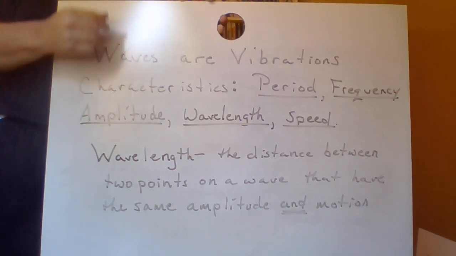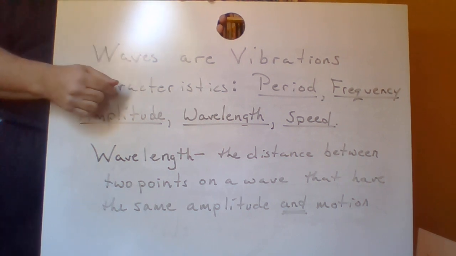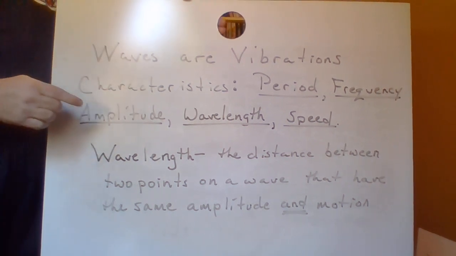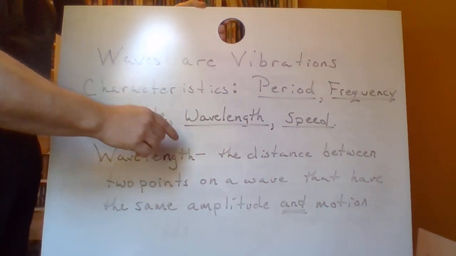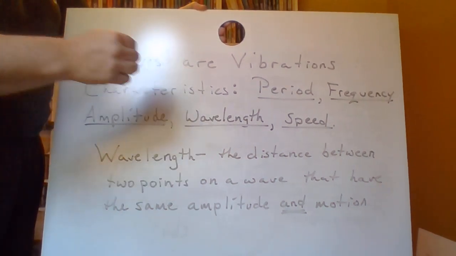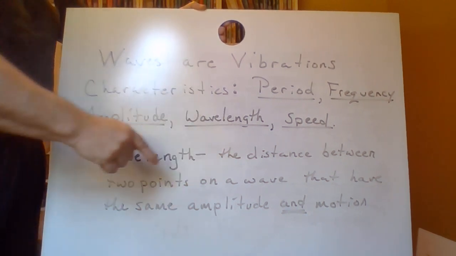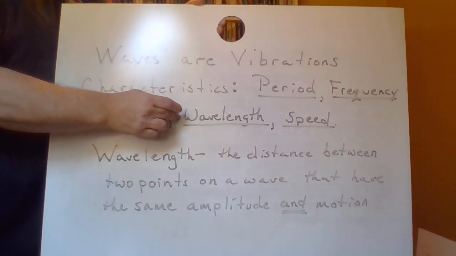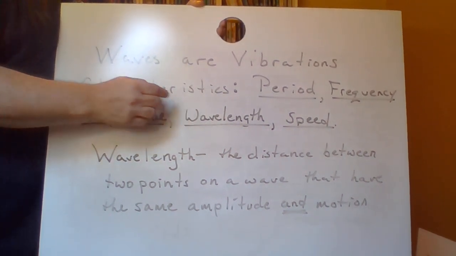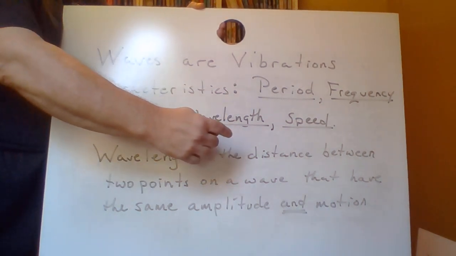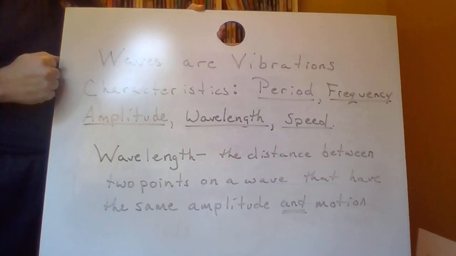It's the distance the wave travels in one full vibration, which means that it is the distance between 2 points on that wave that have the same amplitude and the same motion. Okay? So, new term, wavelength. Wavelength is the distance a full oscillation travels as the wave moves through a medium.